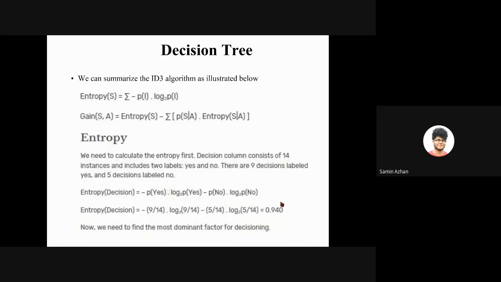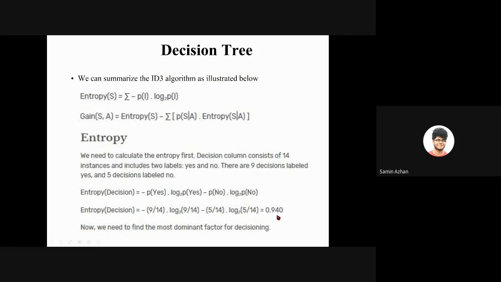If we try to calculate the entropy, the probability of yes should be 9 divided by 14, since there are 14 rows of data and 9 of them are yes. So it's 9 divided by 14 times log 2 of 9 divided by 14, minus 5 divided by 14 times log 2 of 5 divided by 14.